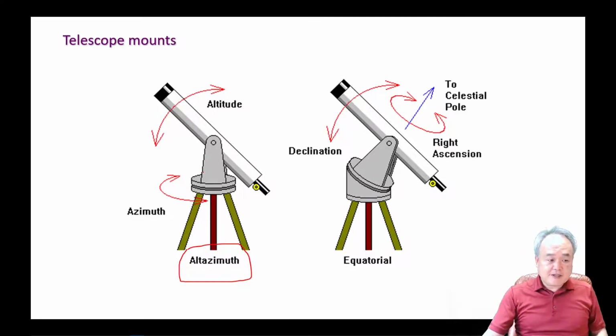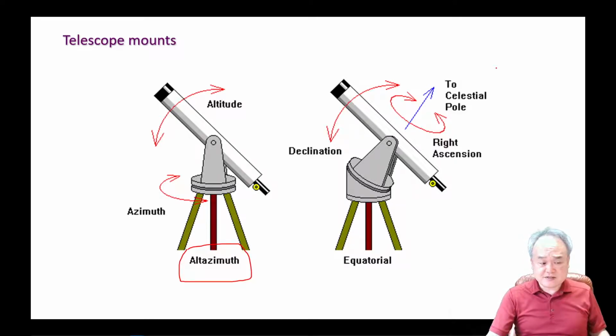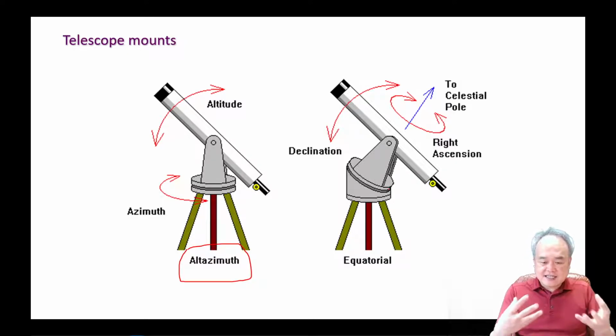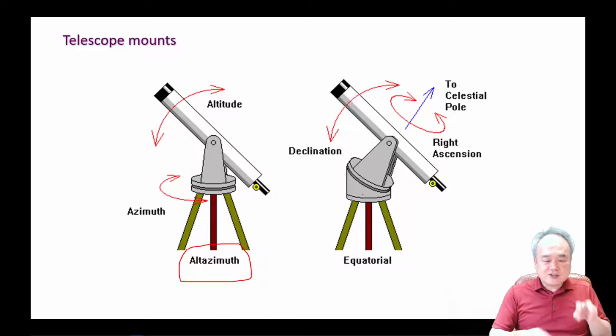Therefore, a more popular, easier-to-control type of telescope mounting system was developed, which in concept is the same as the equatorial coordinate system. In there, the two angles that determine the telescope pointing are declination and right ascension.